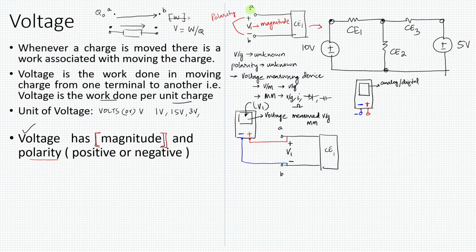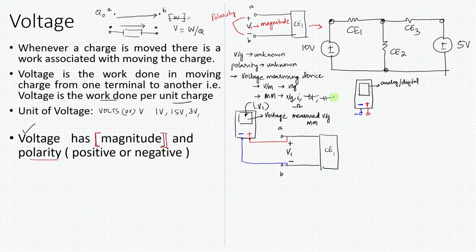So this drawing which I have drawn is actually this circuit. In this circuit, I have connected the positive lead of the multimeter to terminal A, the negative lead of the multimeter to terminal B, and I have measured a voltage of V1. So I'll just write that down here.